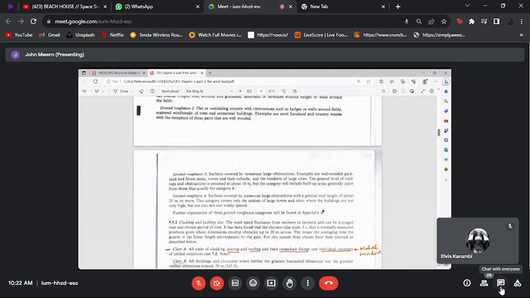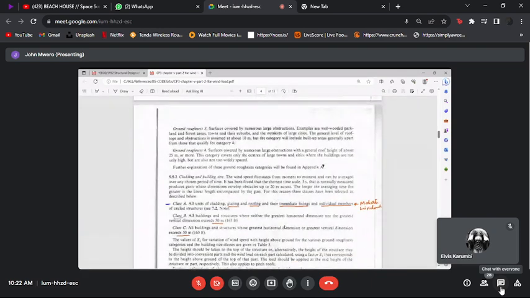So we had looked at that, and we had said that the size of the building affects the maximum average wind speed that the building can experience. I'll repeat. We said that the size of the building affects the maximum average wind speed that the building can experience.